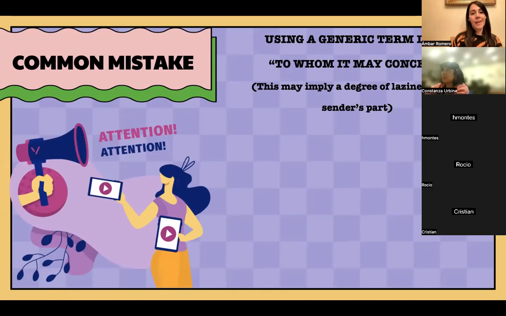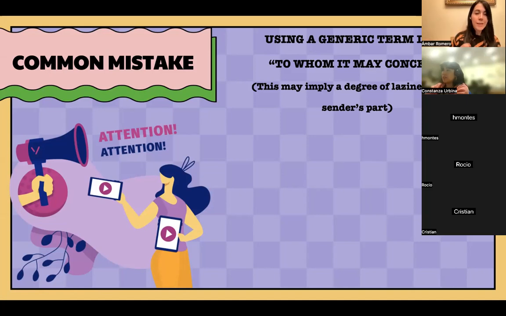But what happens very frequently is that many people think that writing to whom it may concern is lazy, that it implies that you haven't done your research. So for example, Rocio, you are looking for a job and you know the company. So if I receive your email with to whom it may concern, I may think, Rocio didn't take time to investigate the company, to see who is in charge of the technology department, and she just wrote to whom it may concern.